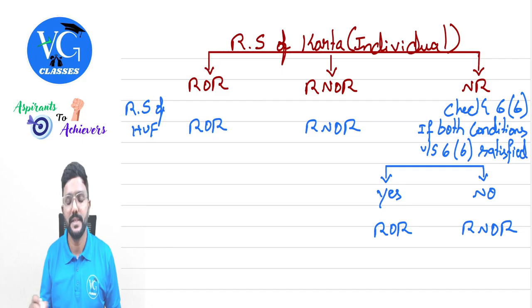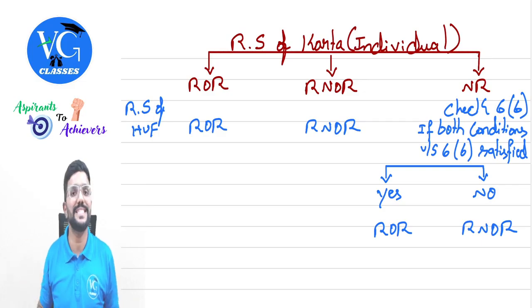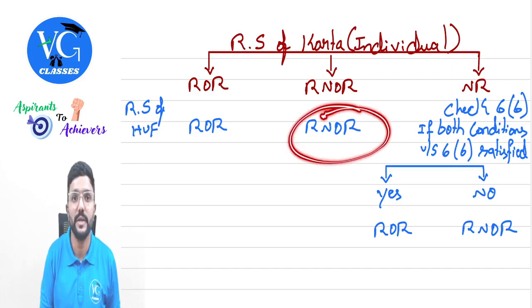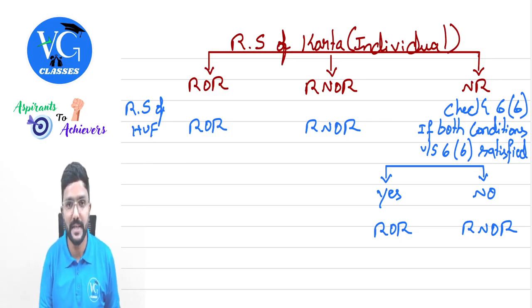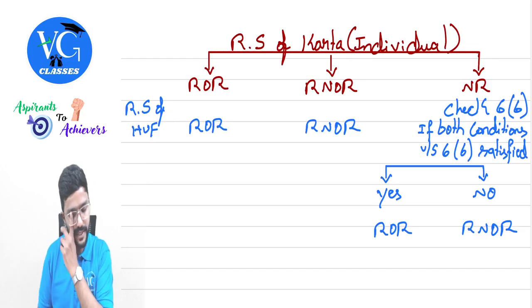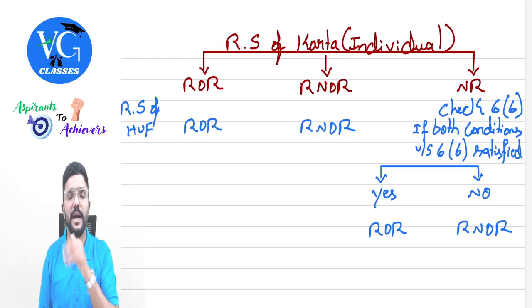Ordinary. Same way, what if Karta is a not ordinary resident? That means he has not satisfied both the conditions given under section 6.6. So in that case, what will be the residential status of HUF? It is not ordinary resident, guys. Or else we call it resident but not ordinary resident. Got it? Then, if Karta is non-resident, can we straight away tell the HUF would be not ordinary resident?